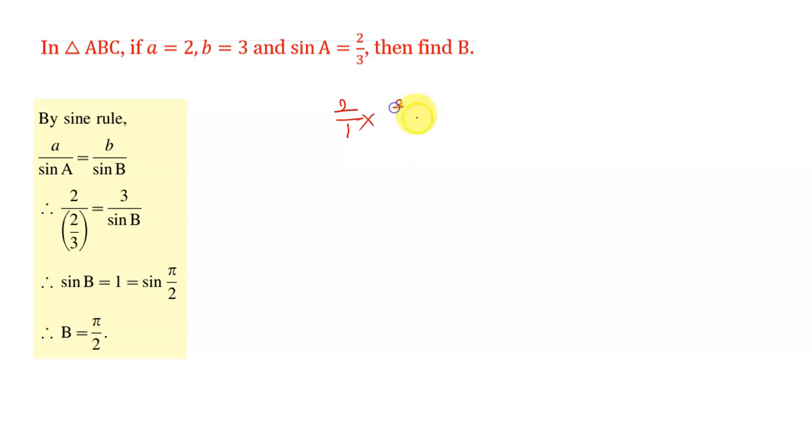Therefore, you will get here 3 by 2 is equal to 3 upon sine of B. Okay, the 2s and 3s will get cancelled, and you will get sine of B is equal to 1. That is nothing but sine 90. B is equal to pi by 2.